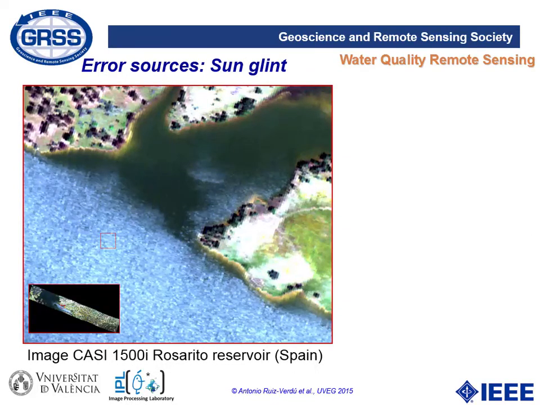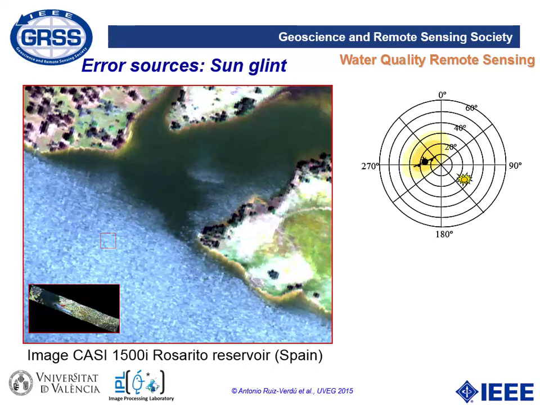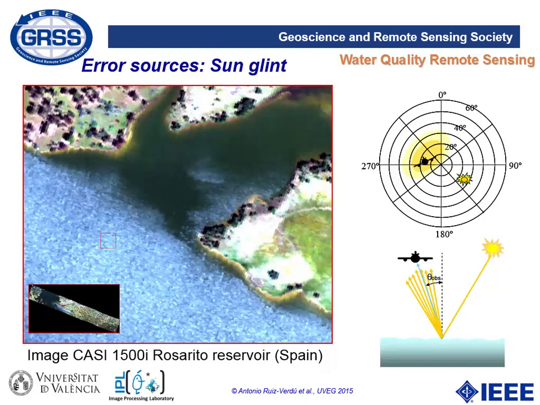This other image, obtained a couple of minutes after in a different observation angle, shows a very different picture, and you can see an important reflection of sunlight in the surface. And this could be expressed with diagrams like this.